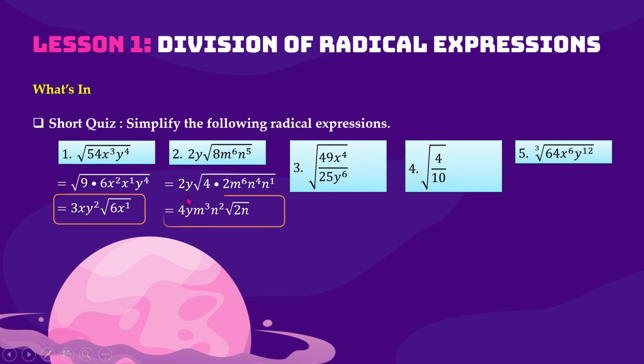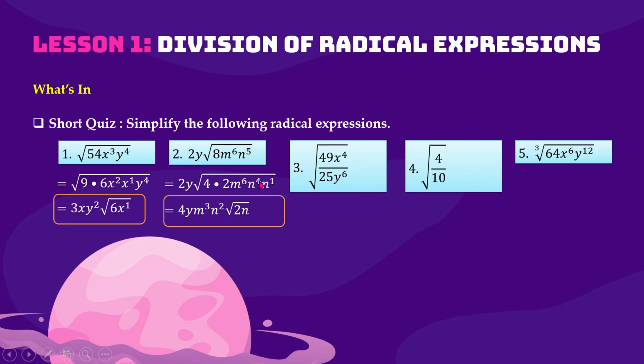Next is, okay, this is the final answer. How do we get the final answer? The square root of 4 is 2. Multiplied by 2y, that is 4y. Next, m exponent 6, 6 divided by imaginary index 2 is 3, so m cubed goes outside.